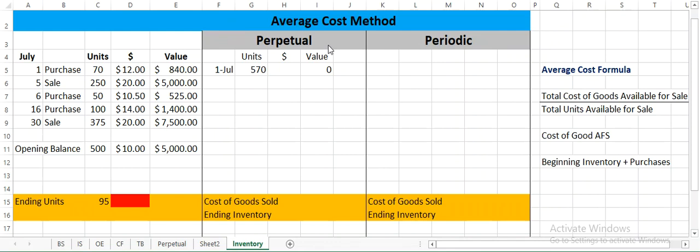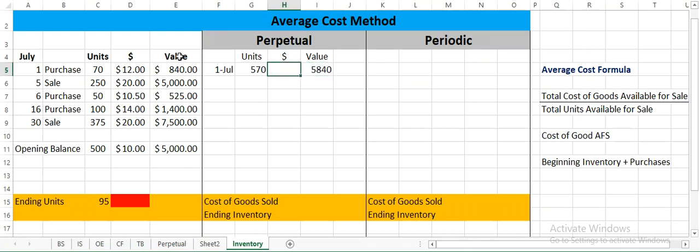In order to calculate this value, well, we do know the value of this 570 is the 840 plus the 5,000 gives us the total cost of goods available for sale. That represents how much is left. And so what we do here is, let's add up our value here. And the value is equal to 840 plus 5,000.